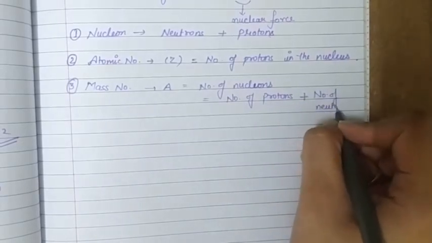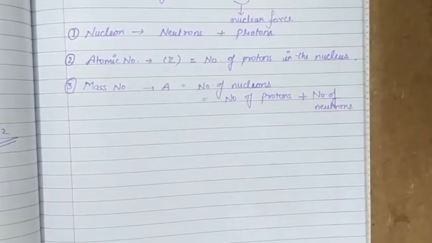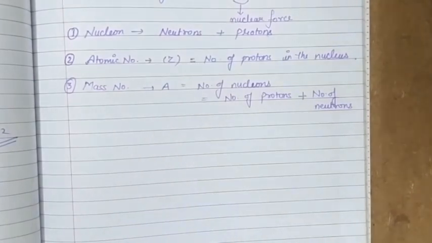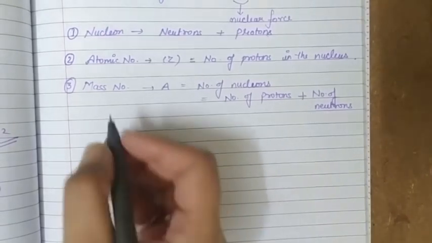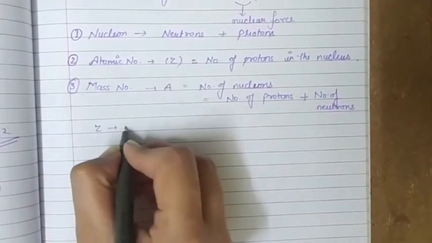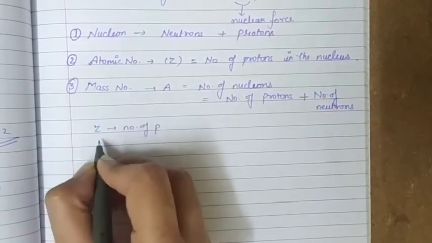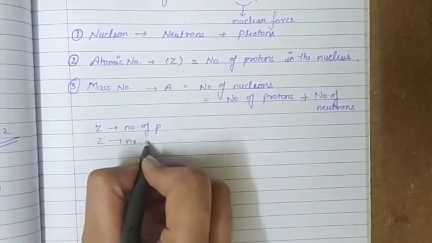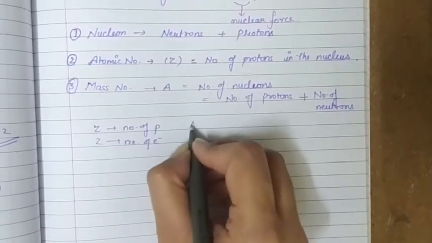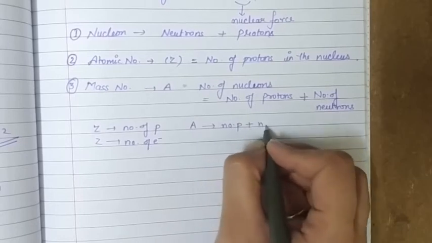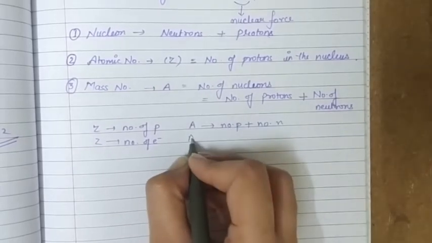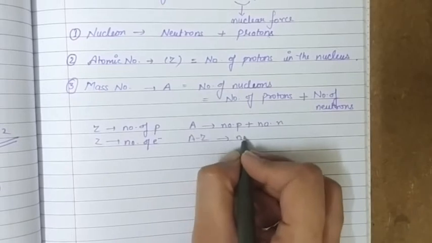So the number of protons and number of neutrons collectively give us the mass number of that element, denoted by capital A. For a neutral atom, it will have Z number of protons, Z number of electrons, A number of protons plus neutrons, and A minus Z number of neutrons.